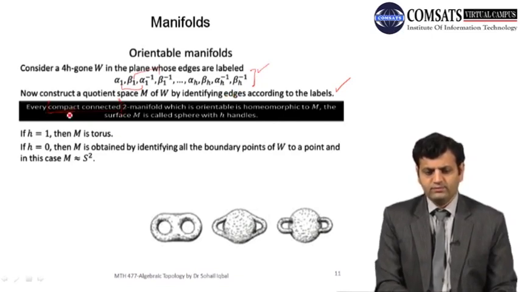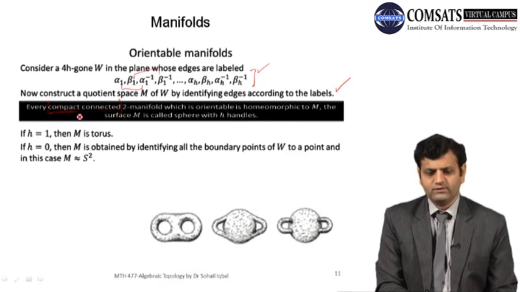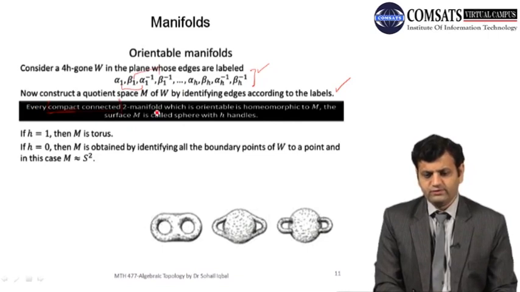Of course we know what a compact topological space is: every open cover has a finite open subcover, and what a connected topological space is. Basically a manifold is a topological space such that for each point P there exists a neighborhood which is homeomorphic to Rn, or in the case of a two manifold, homeomorphic to R2. So every compact connected two manifold which is orientable is homeomorphic to M. So what is M?